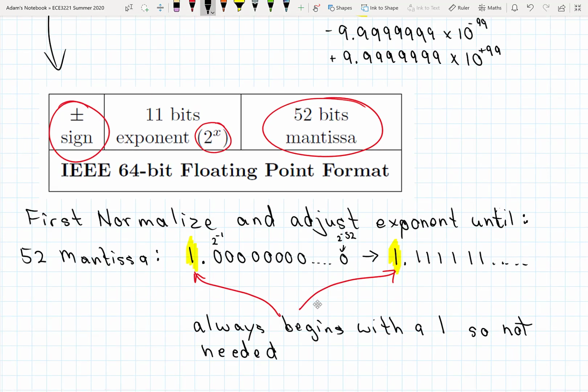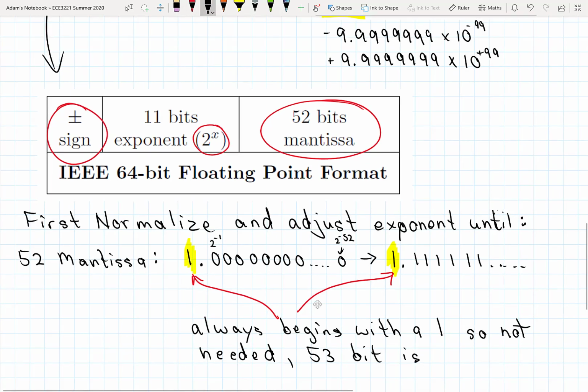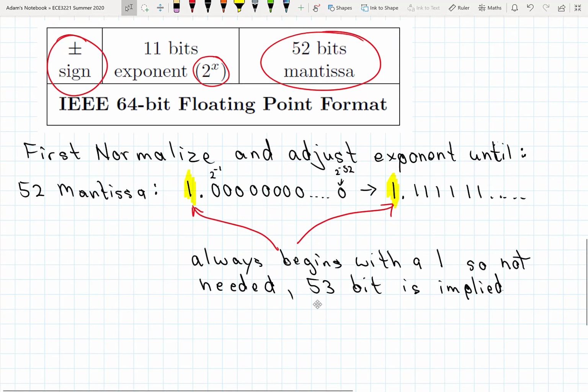So that bit's not needed. The 53rd bit is implied to be a 1. Okay, so that's our mantissa.